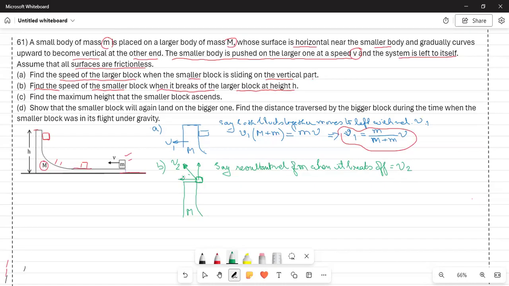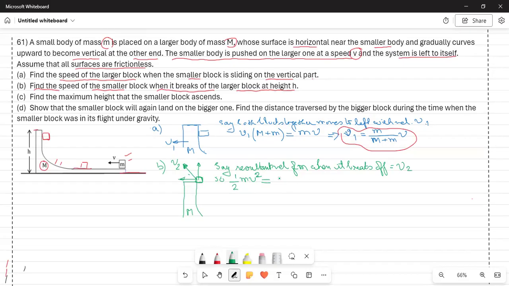So if we consider the kinetic energies, the initial kinetic energy of the smaller block was half m v square. This kinetic energy started everything, and it has resulted in other components of kinetic and potential energy.